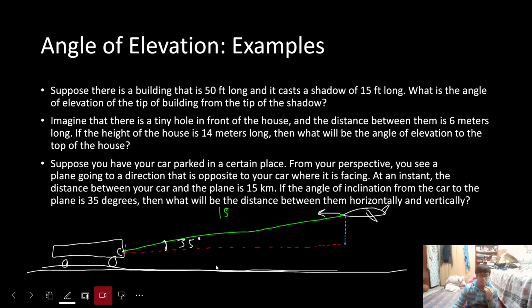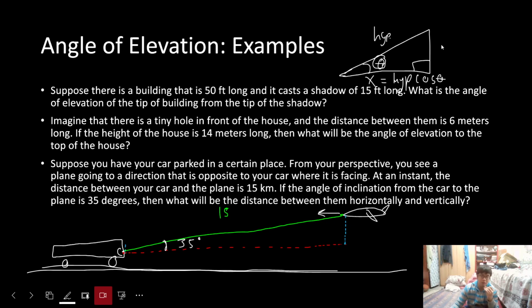So how are we going to do it? Remember last time that in a right triangle, let's just say your hypotenuse is given and the angle is given. If you wish to find your horizontal component, which is your x, you're going to multiply the hypotenuse by cosine theta, where theta is the given angle itself.